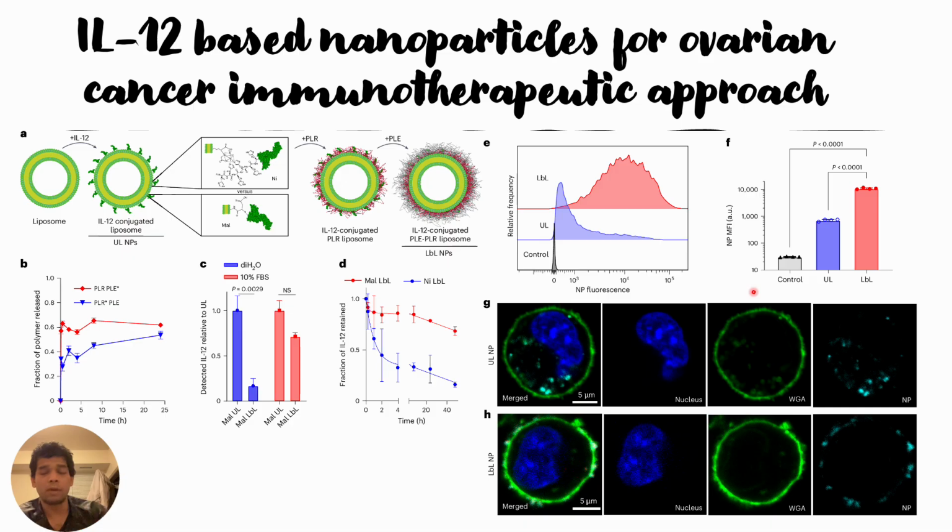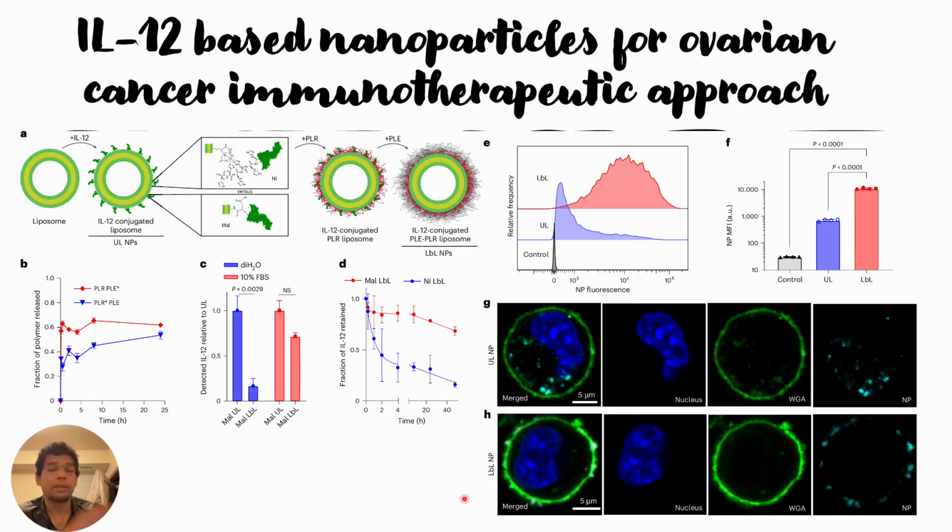Then they used confocal imaging to find out where these lipid nanoparticles get into the cells. When they check the uncoated lipid nanoparticles, they see that most of them are internalized within the cells. These are the signals for the cells, and these are the signals for the nanoparticles within the cells.